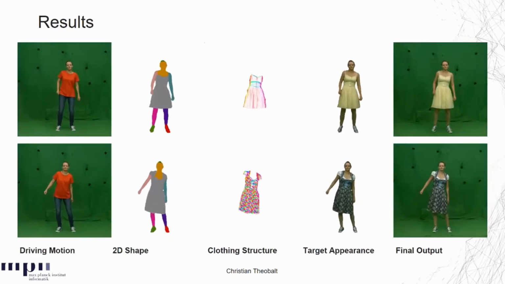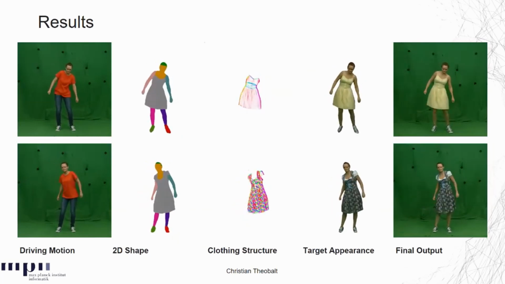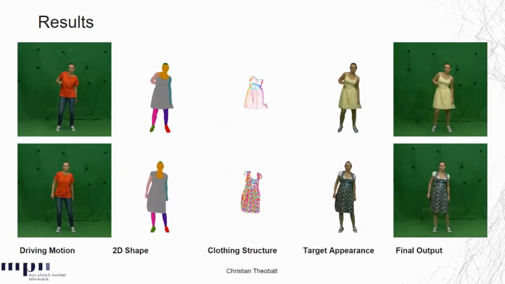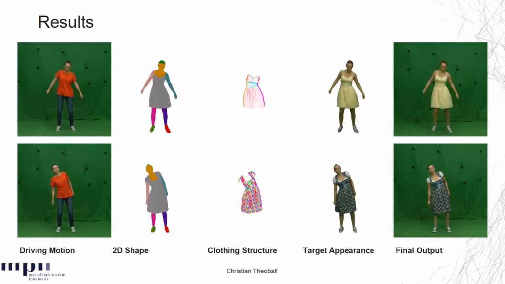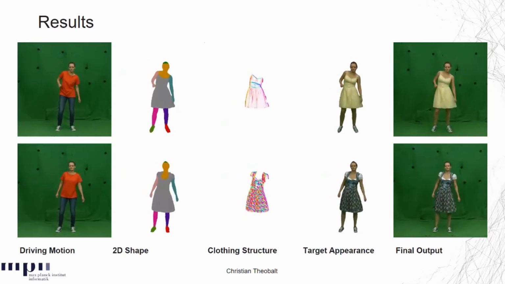Here we show results for several reenactment scenarios. Note how our framework produces temporally coherent representations of 2D shape and clothing structure, which result in realistic swinging of the actress's dress and preservation of high-frequency details in the rendered wrinkles and textures.